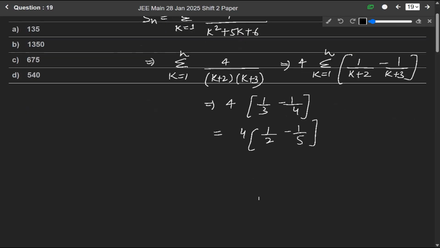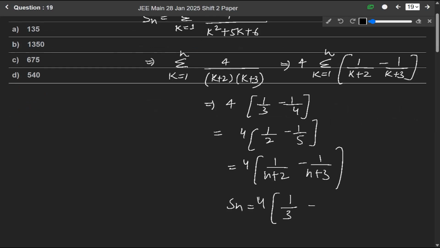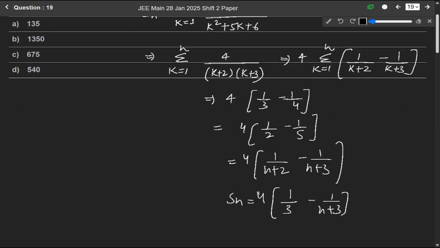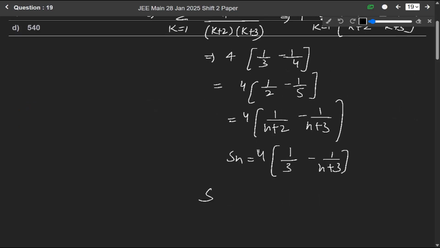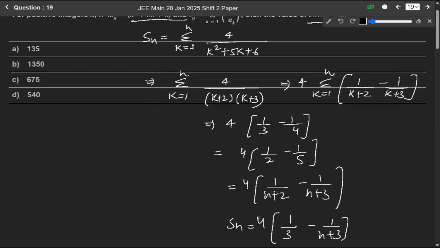Okay, so it will be equal to 1 over n plus 2 minus 1 over n plus 3. So we can write Sn is equal to 4 times 1 over 3 minus 1 over n plus 3. Here we have to find the value of S.